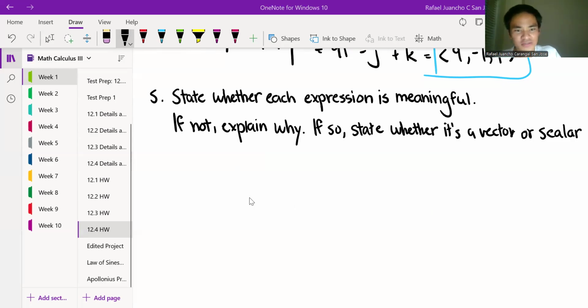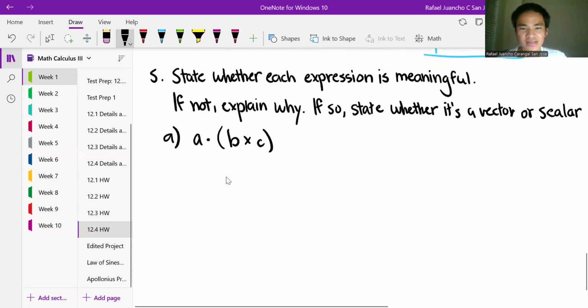So we're gonna start. Here we have this expression. So the dot product of A with this cross product. So let's analyze. This thing is a cross product.